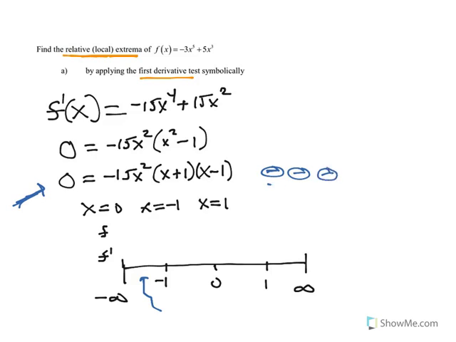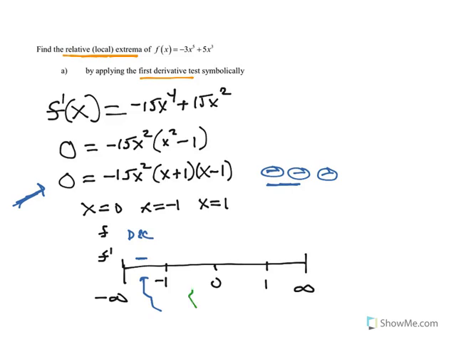And a negative times a negative is a positive, and then that positive times another negative is negative. So the overall sign on f prime is going to be negative, which means f was decreasing.